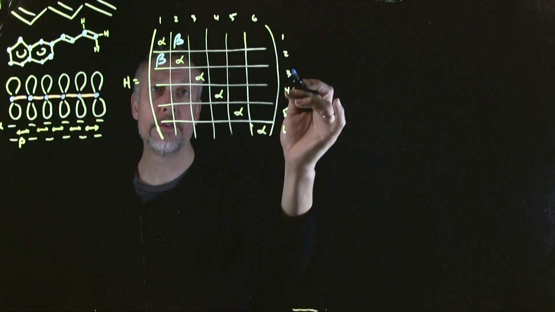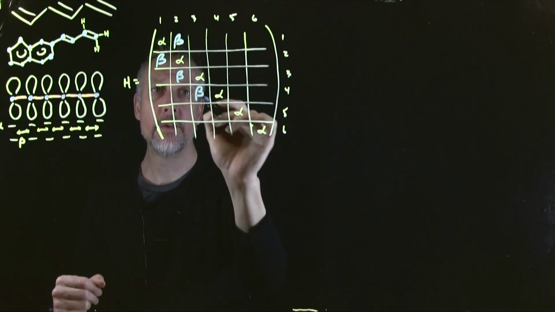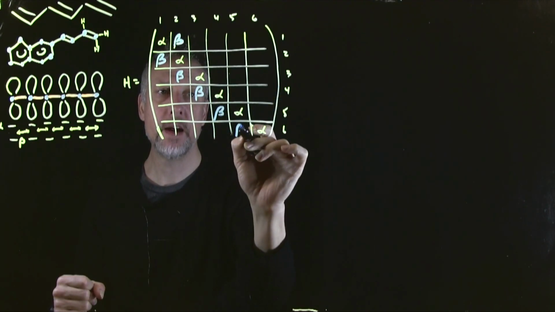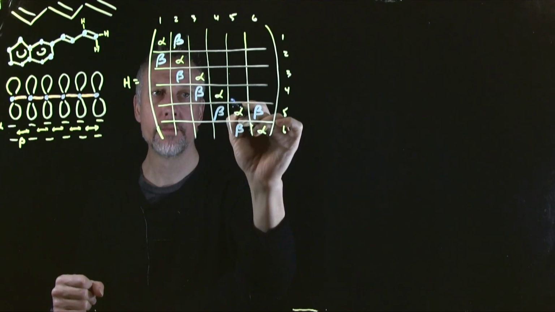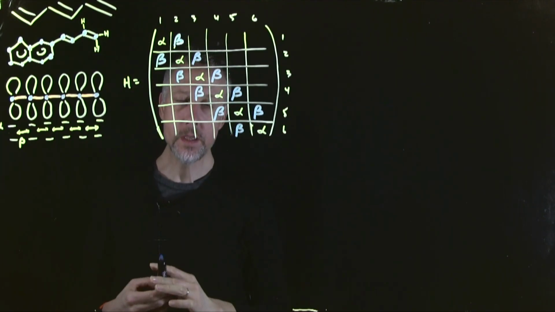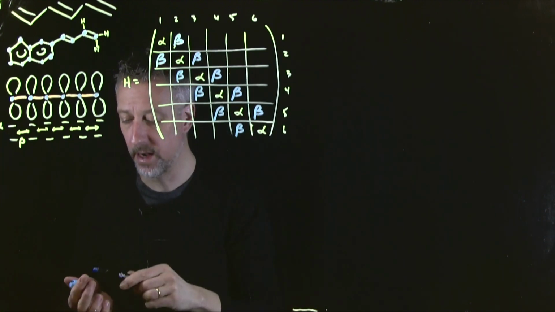And we keep doing this: 2 and 3, 3 and 4, 4 and 5, 5 and 6, and then symmetrical. Everywhere else is 0, so we can just omit the zeros.